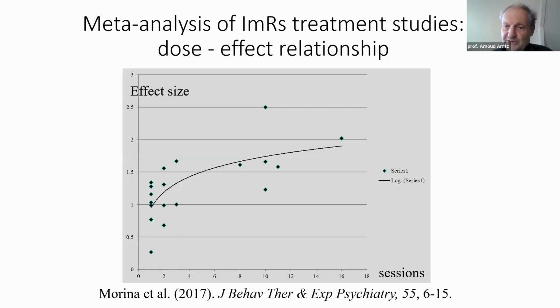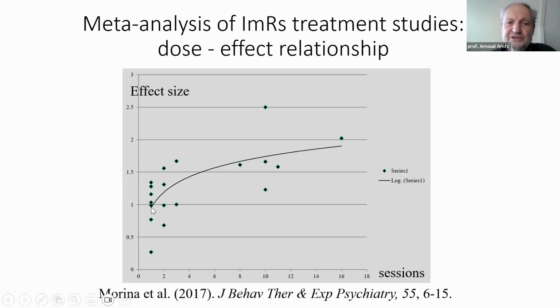Now let's discuss a bit the effectiveness of imagery scripting. This slide shows you the dose-effect relationship from studies that were included in the meta-analysis in 2017. It shows you that with one session of imagery scripting, you have an average effect size of about 1, so that's already a very large effect.